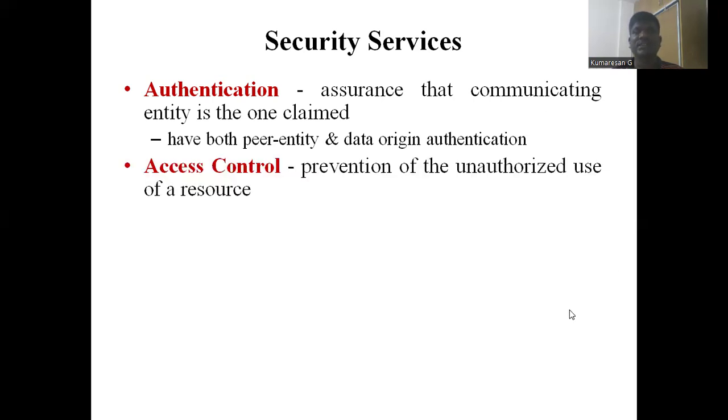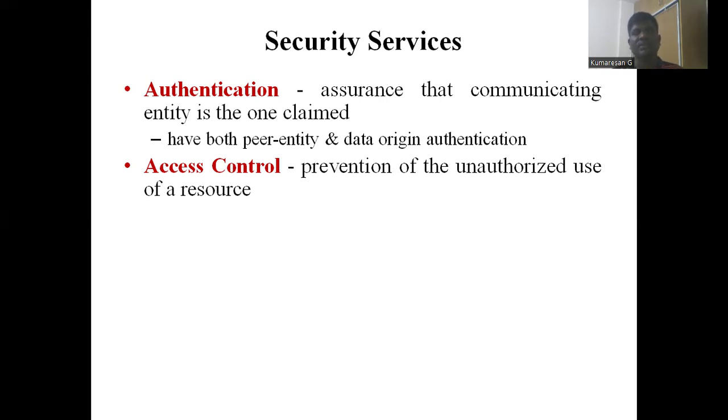And what about the second one, access control? It is the prevention of unauthorized use of resources. For example, on a mobile, whenever we want to download something, we must use the proper Google Store.